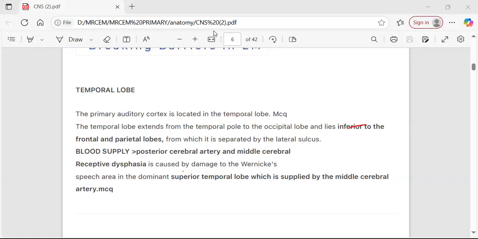Okay, so the other is expressive dysphasia. So RWT, receptive. What is meant by receptive?